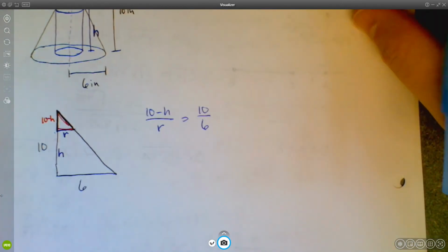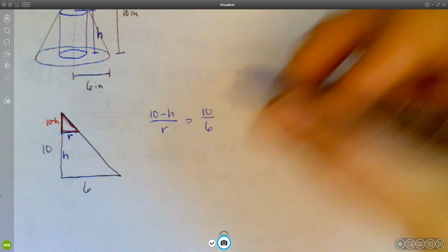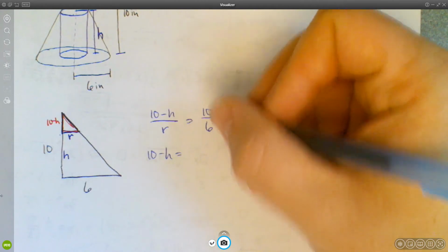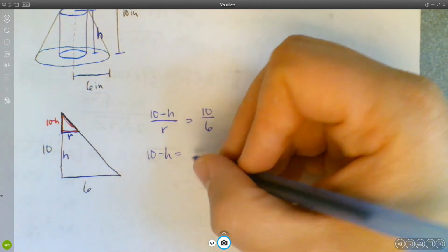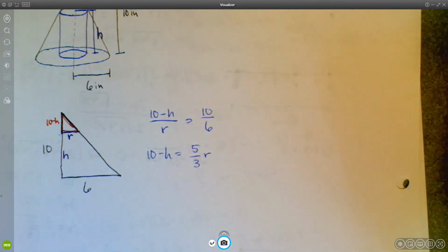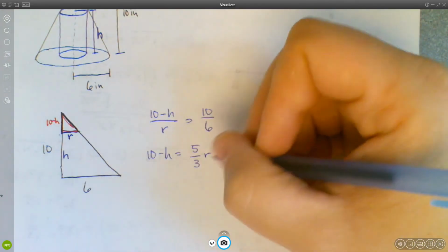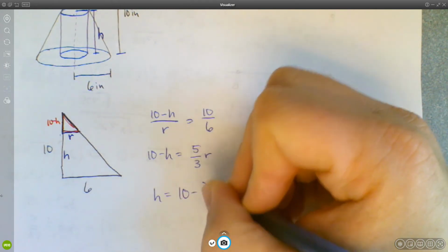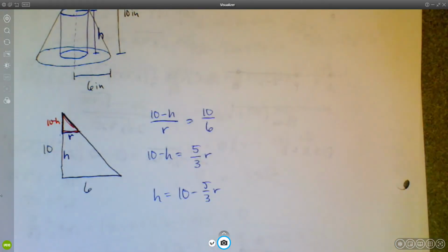I'm not sure I really want to do that, so I'm going to solve for h. Okay, so I'm going to say 10 minus h equals, this reduces to what? 5/3, right? 5/3 r. And then if I add h and subtract that, I'm going to get h equals 10 minus 5/3 r. So that's not bad, okay?